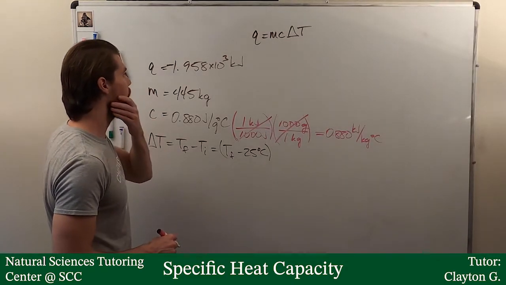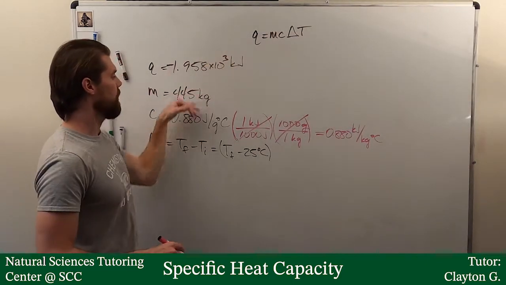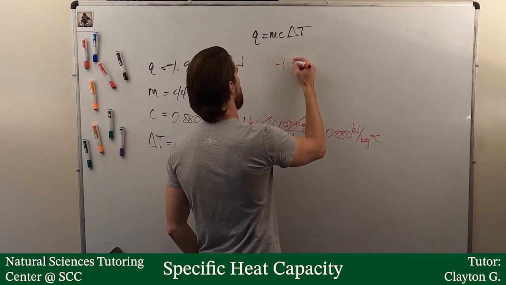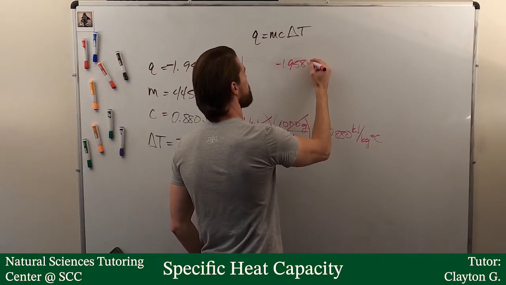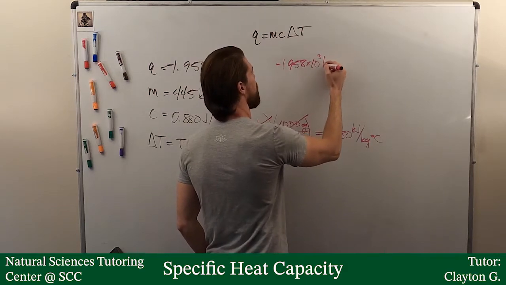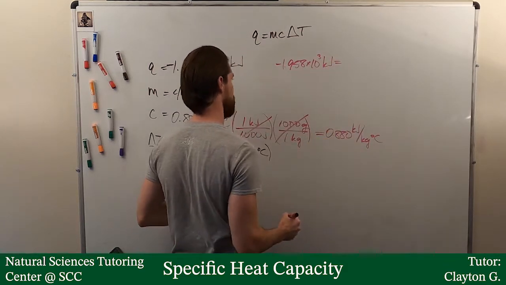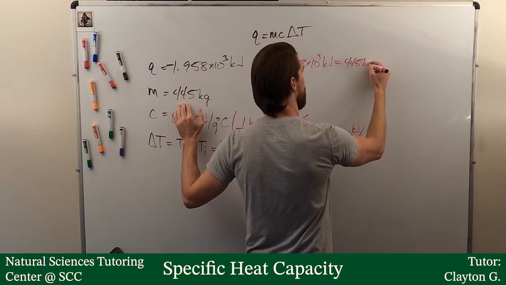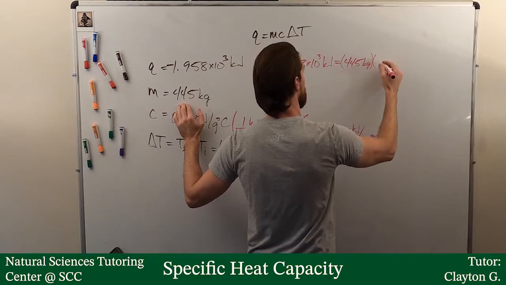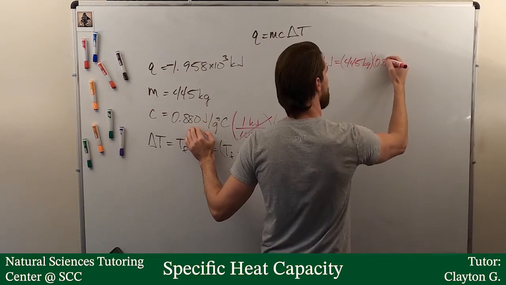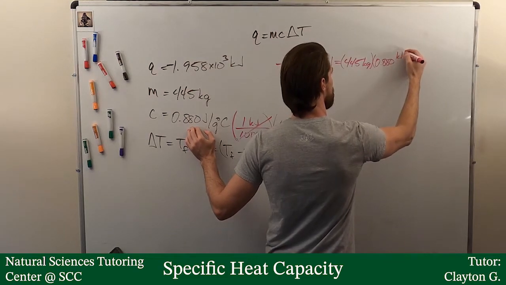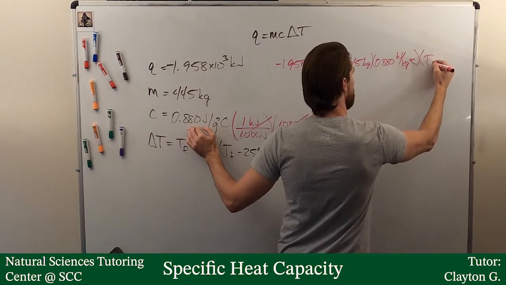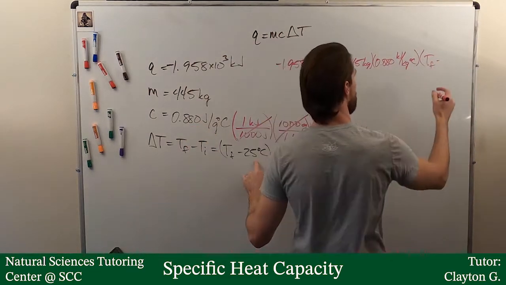Let's see, I think what I'll do is set it up over here, erase this, and then we'll work through the algebra. So I'm going to get negative 1.958 times 10 to the 3rd kilojoules equals 445 kilograms times 0.880 kilojoules per kilogram degrees Celsius times T final minus 25 degrees Celsius.